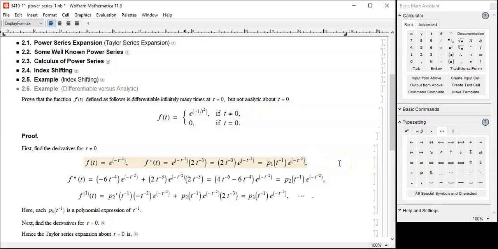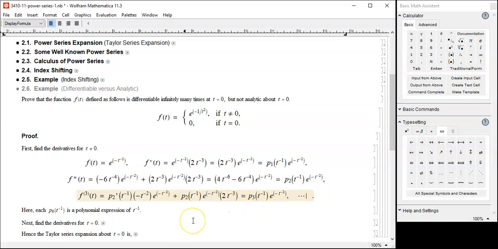First derivative, using the power rule, we get that. And second derivative, we have to use the product rule and power rule, and it turns out to be some polynomial expression of t to the negative first power times exponential. And here's the third derivative.